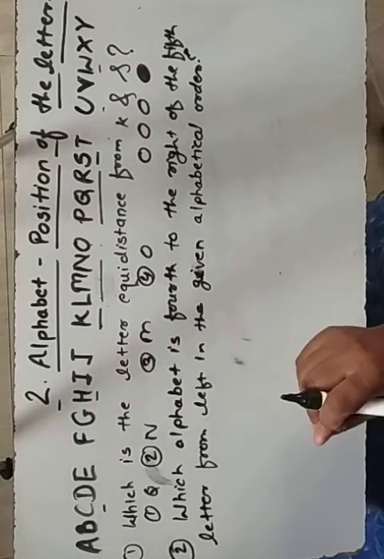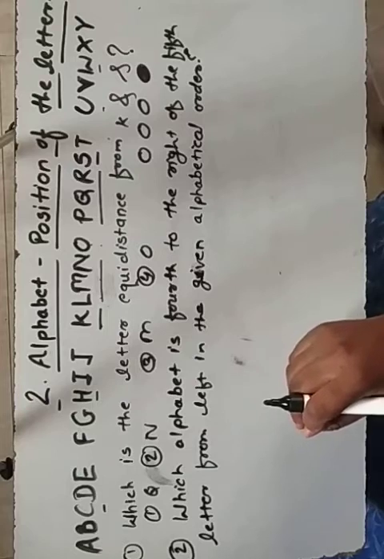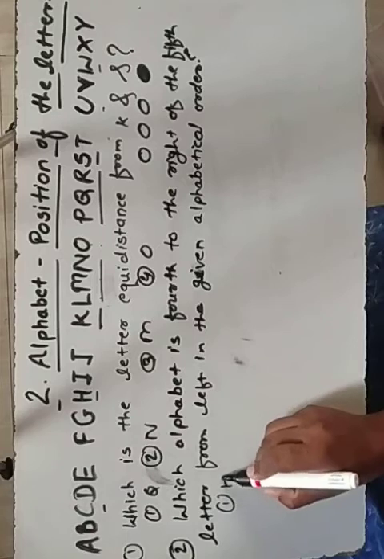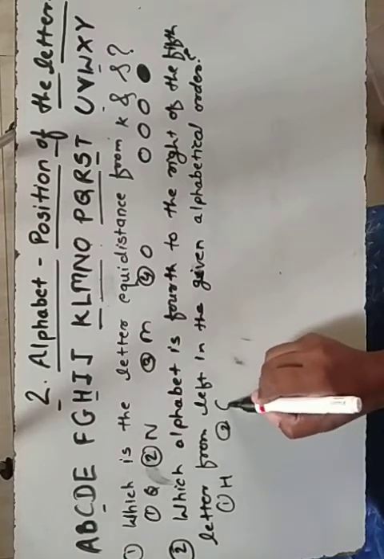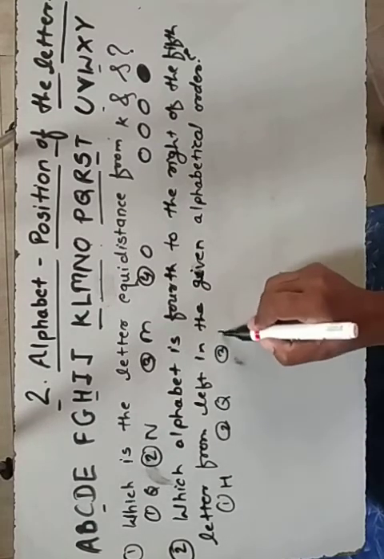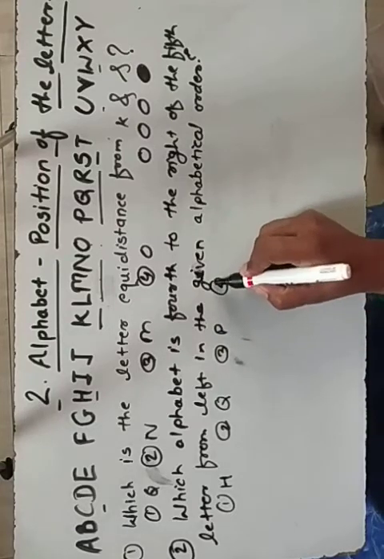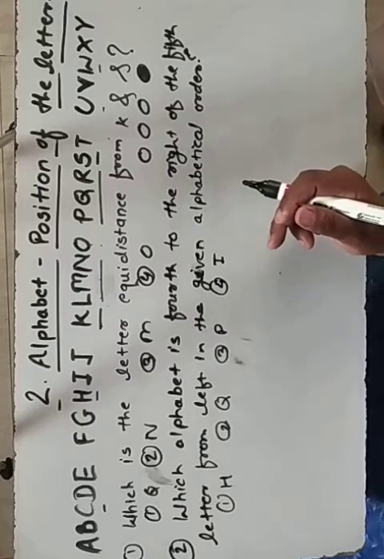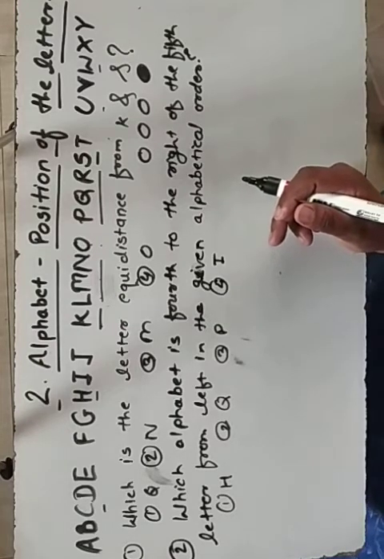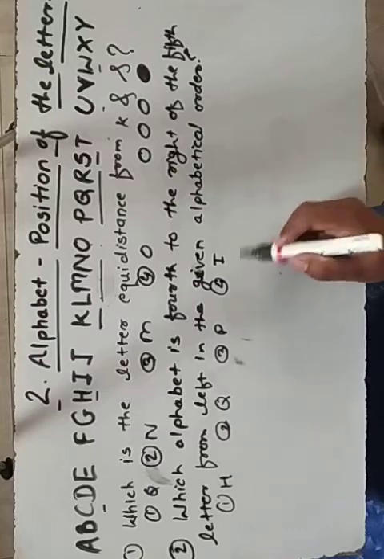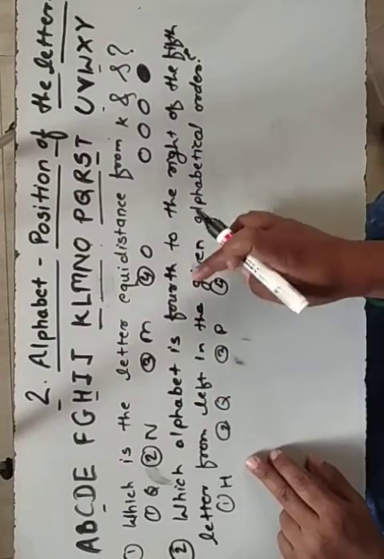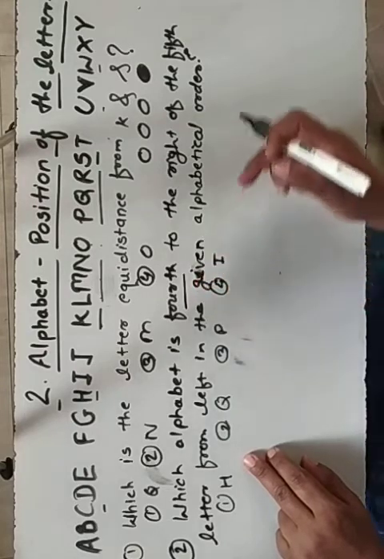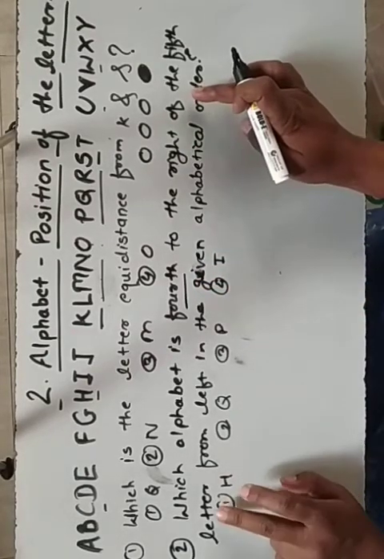For this question, options are provided to us. Suppose the first is H, second is Q, third is P, and the fourth option is I. Okay, so in this question, what we have to find out is which fourth alphabet, to the right of the 5th letter.